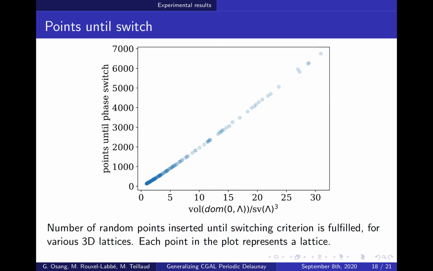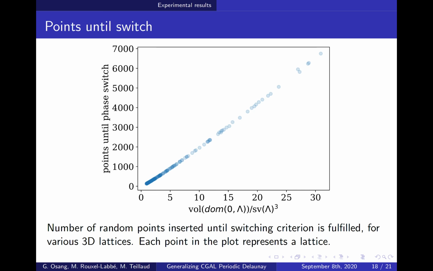We have some experiments on this, and we managed to establish a relationship to the shape of the Voronoi domain: if we insert points in random order and in random locations, then the number of points until this criterion is fulfilled and we can switch to the second phase is proportional to the volume of the domain divided by the shortest lattice vector cubed in 3 dimensions or squared in 2 dimensions.